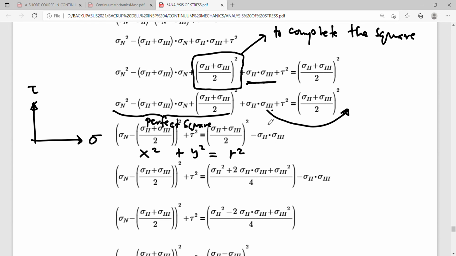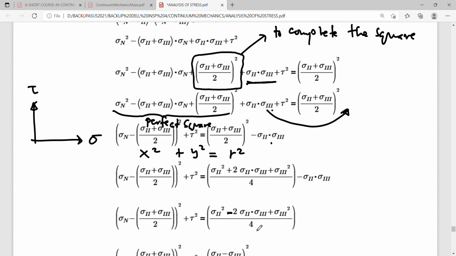So if we try to take the square of this, expand it, and then subtract the sigma 2 sigma 3 term, which is 2 over 4, this becomes 1/2 minus, so what will prevail is a negative sign here in terms of 1/2. So this 1/2 minus 1 whole is a negative 1/2 there.